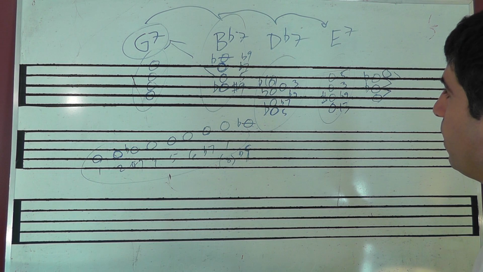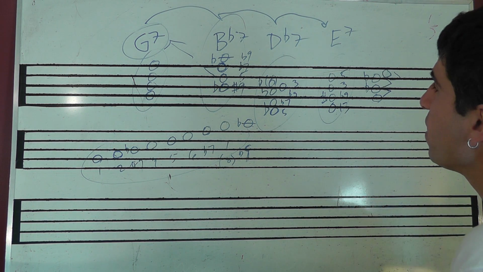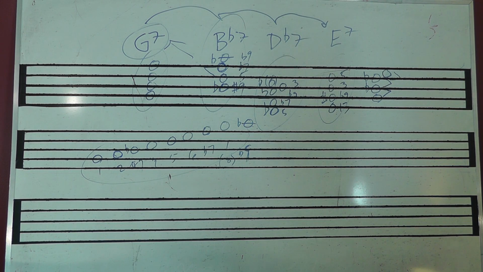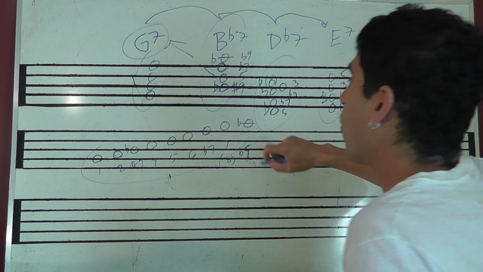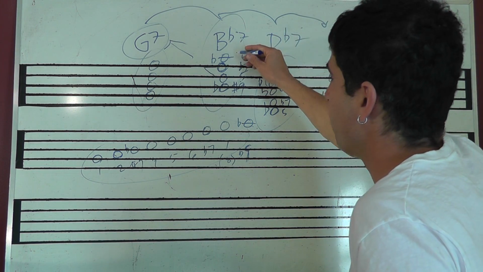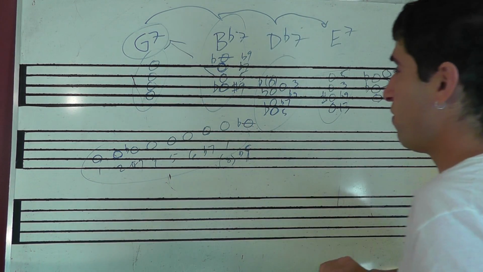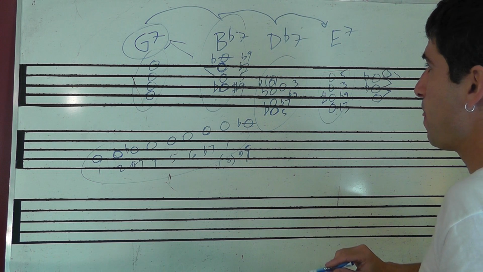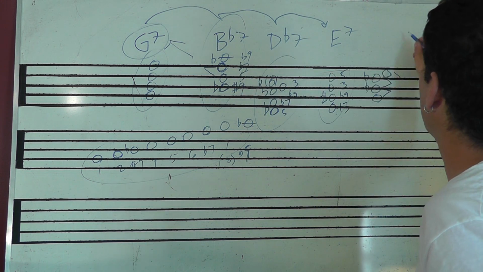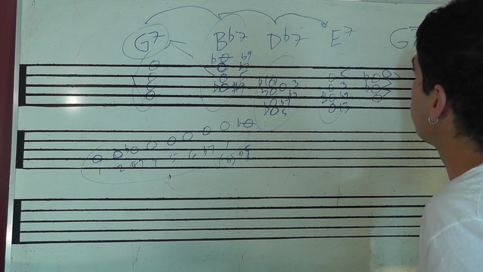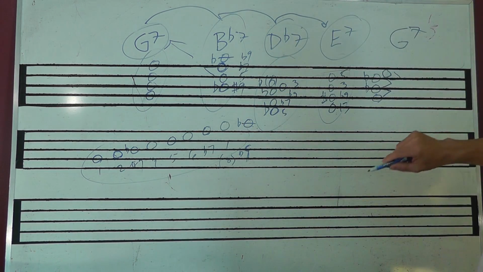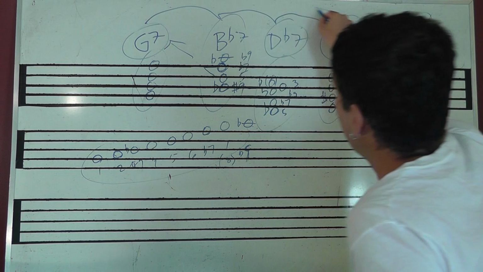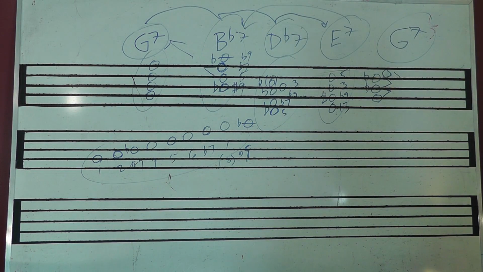What I'm suggesting also is that you can relate it from, say, the chord that you're playing being B flat 7 and not G7. Okay? What I'm saying is that you can play D flat 7, E flat 7, and G flat 7 over B flat.